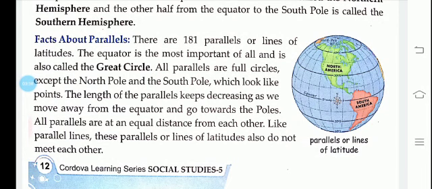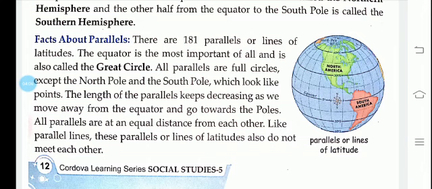Now let us study about the facts of parallels. There are 181 parallels or lines of latitude. The equator is the most important of all and is also called the Great Circle. All parallels are full circles except the North Pole and the South Pole, which look like points.